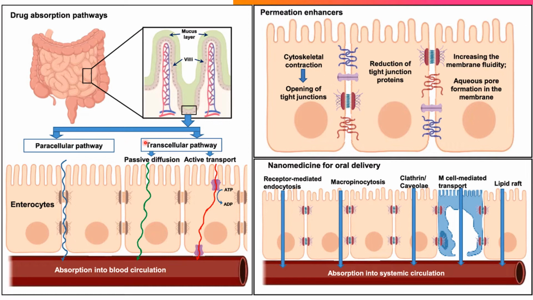These are the different pathways by which drugs will be absorbed. We have the paracellular pathway and the transcellular pathway. We also have here the different mechanisms that are important for the absorption into the systemic circulation, as well as the use of permeation enhancers in order to increase the absorption of certain drugs.